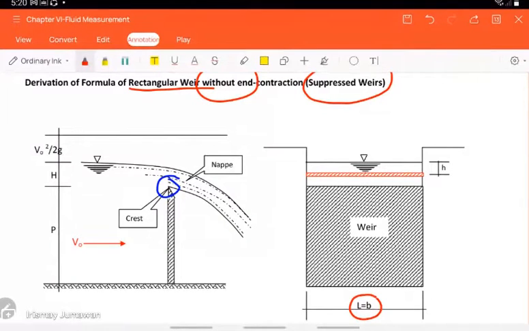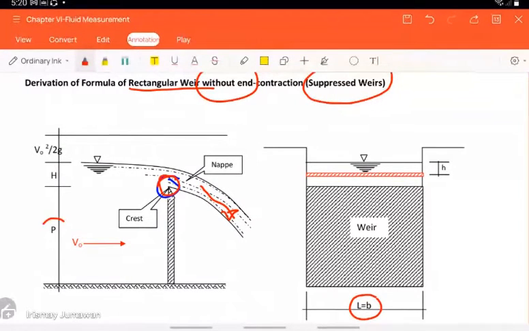Okay, this is the crest, the blue one, that is the topmost point of the weir, and the water that is flowing out from the weir is called nappe. Like in the tube of orifice, it is also called nappe.